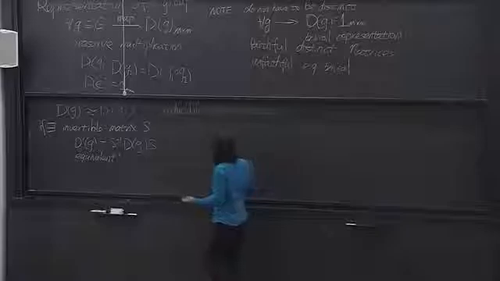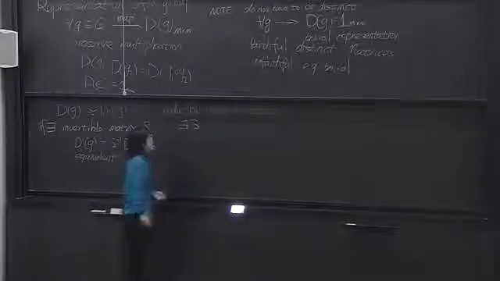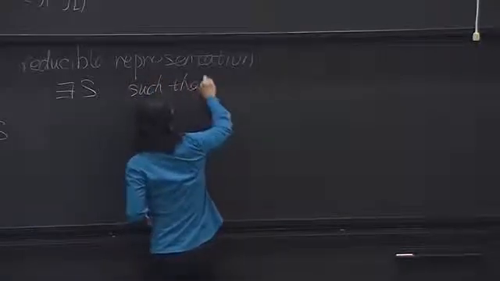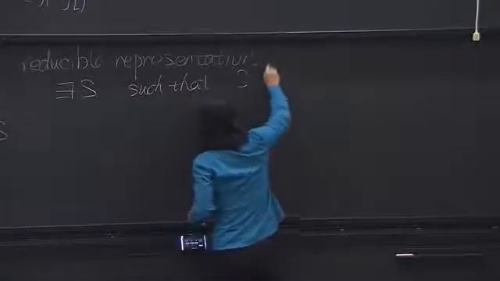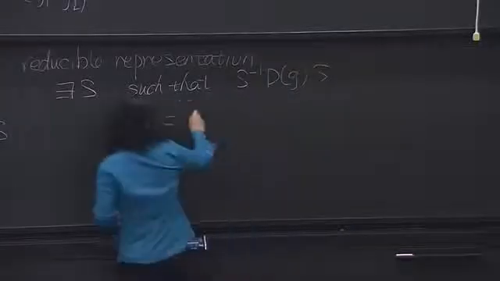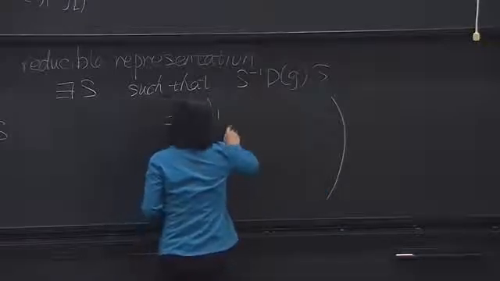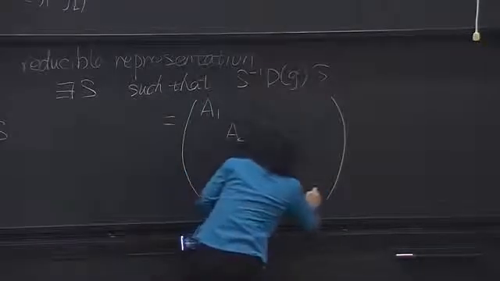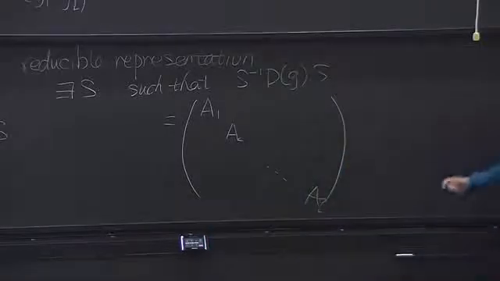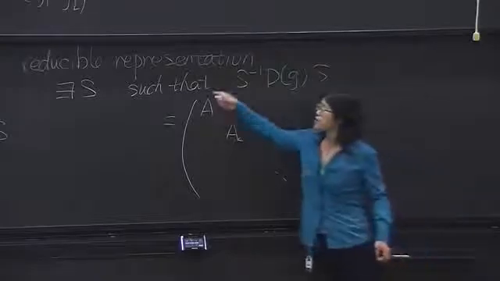A reducible representation says that if we can find such a matrix S such that after this transformation, what we get is block diagonal. Of course, we require each of these blocks to still be a square matrix.